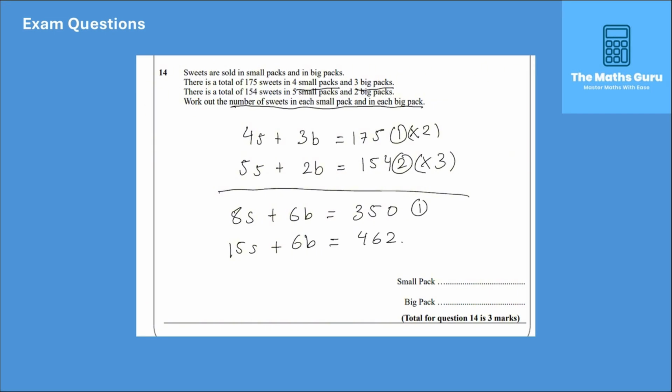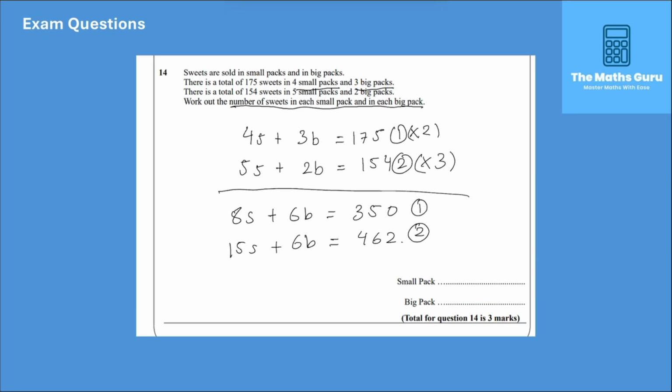So this is our new equation 1 and our new equation 2. So we look at our b's, the variable we're going to cancel out, and we say, okay, fine, the operation being applied to them is both the same, so we're going to have to use minus in this case.